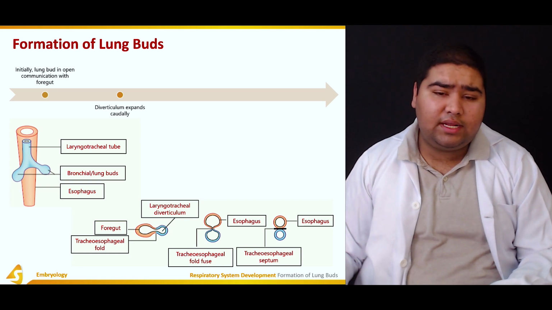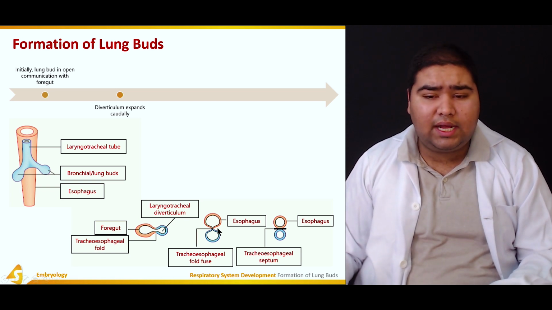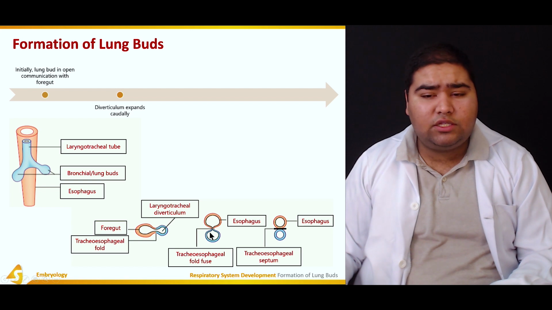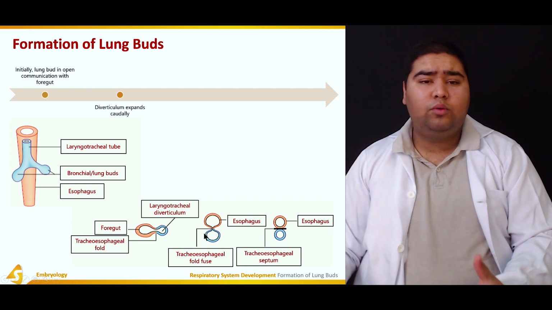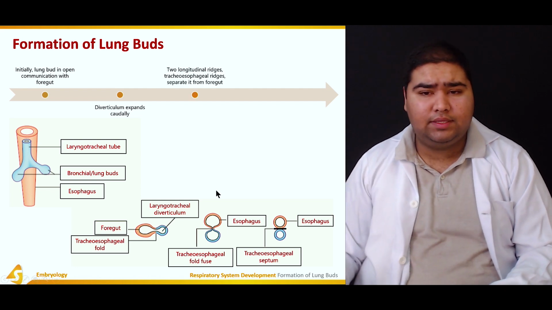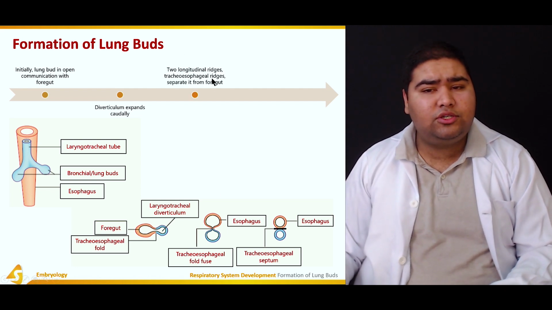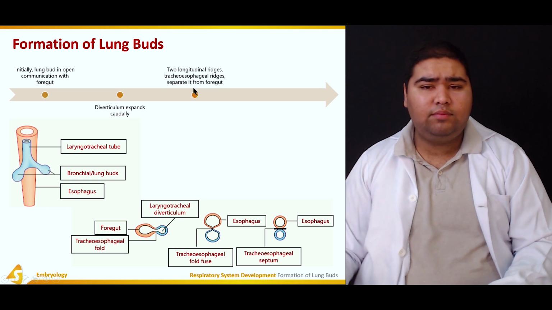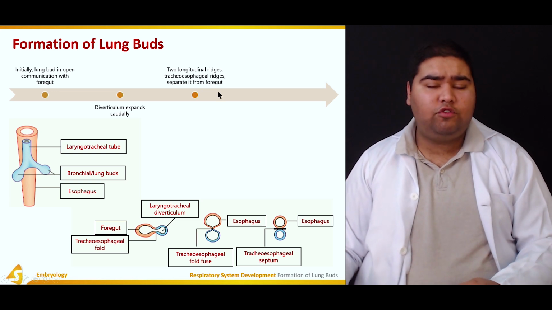The diverticulum tends to expand, and these are the folds. The tracheoesophageal folds are formed which tend to fuse with each other. We'll see how that happens. Two longitudinal ridges, the tracheoesophageal ridges, are formed which separate it from the foregut.